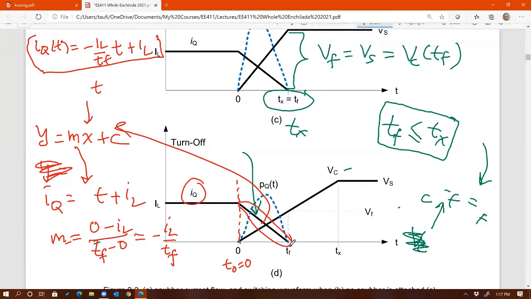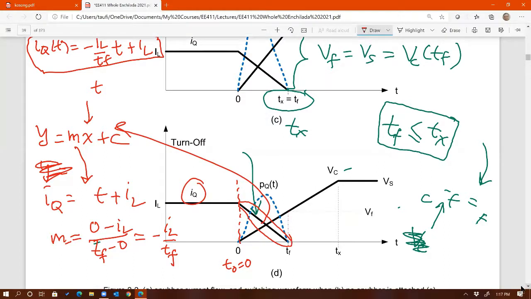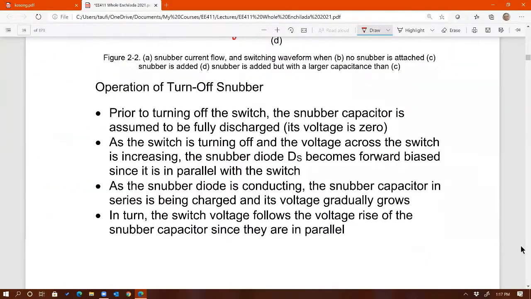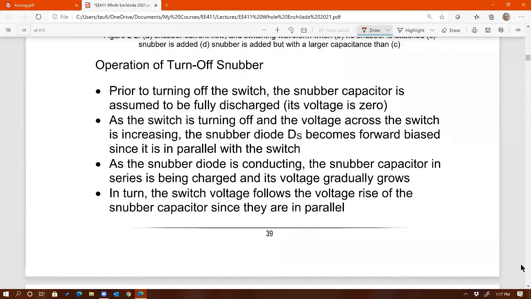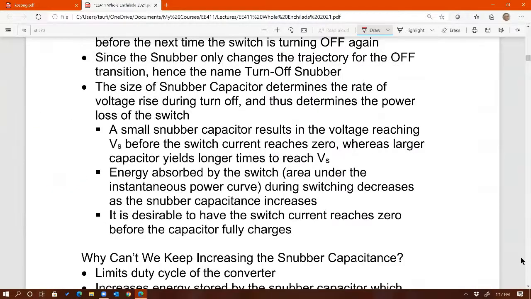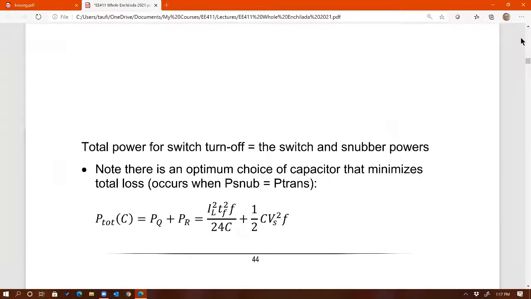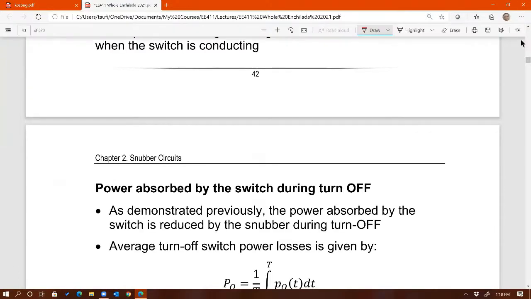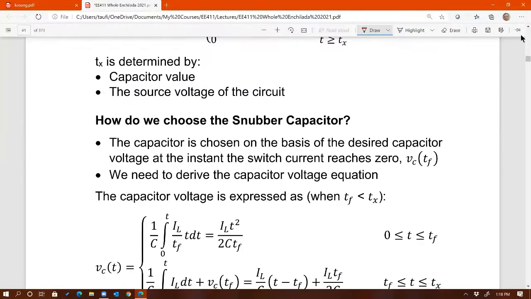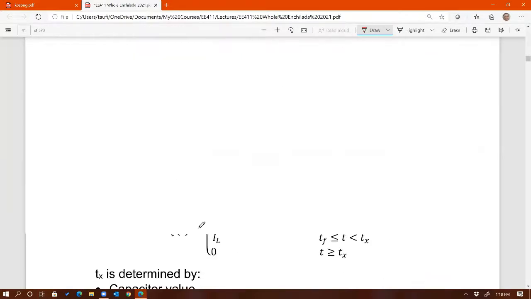That's only true before TF, from 0 to TF. After TF it should be 0. So let's see if that's what I have. Right there.